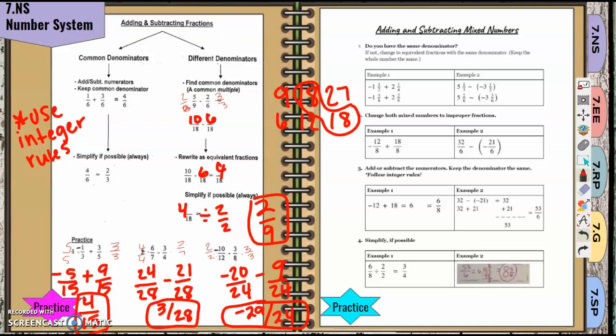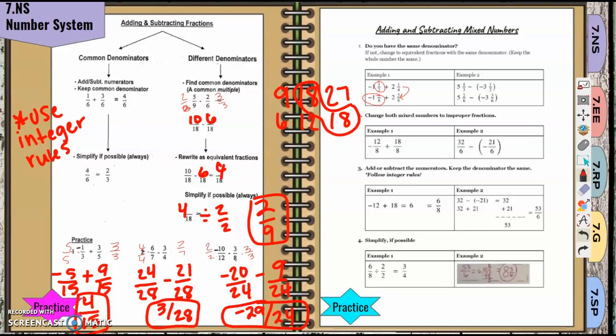So we multiplied 1/2 by 4 over 4, which gave us negative 1 4/8. And then we multiplied 1/4 by 2 to give us 2 2/8. Once you have a common denominator, change both mixed numbers to improper fractions.